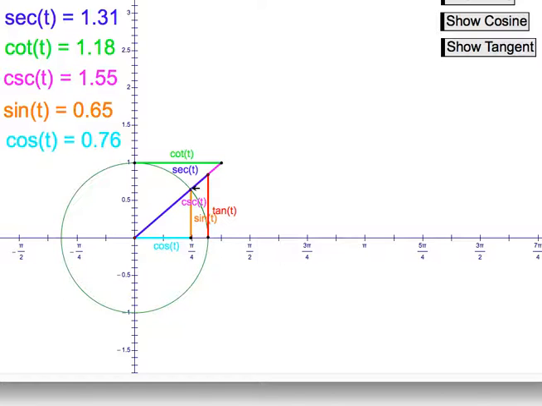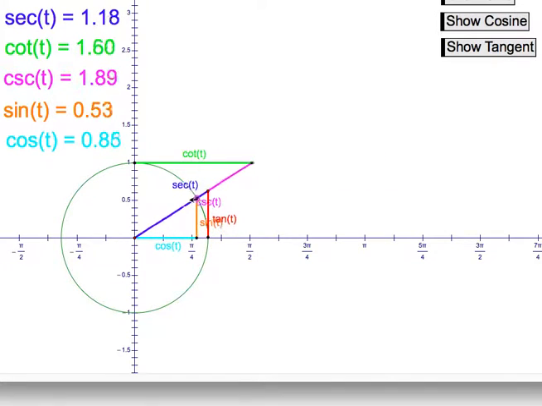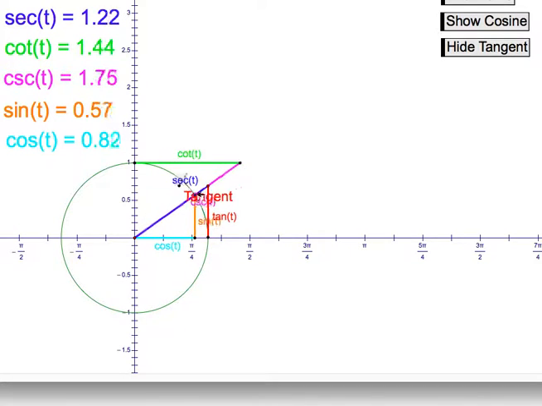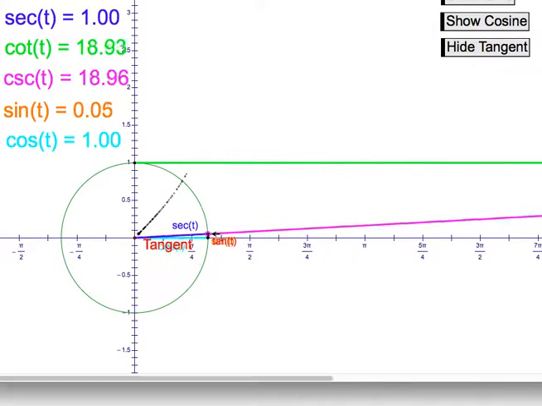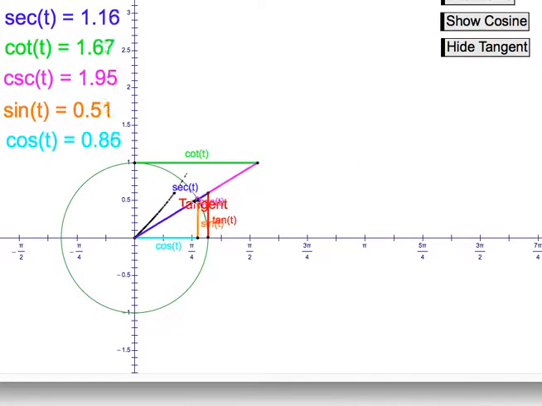Well, as I drag this, it's not showing up here. Hold on. Let's see. Show tangent. There we go. You see how tangent is showing up right there. So as my angle changes, as it's at 0, tangent is 0, it starts to increase here.